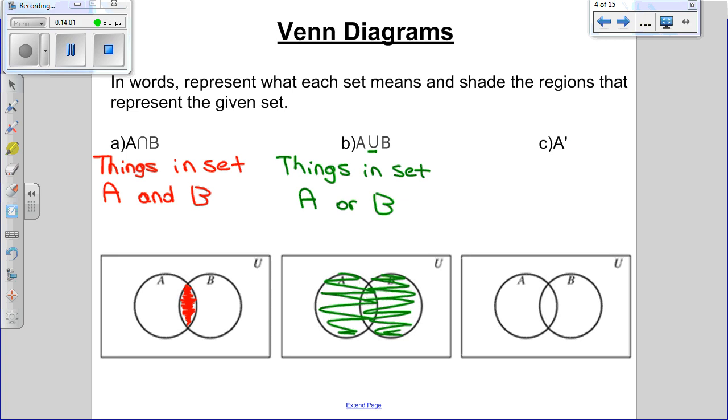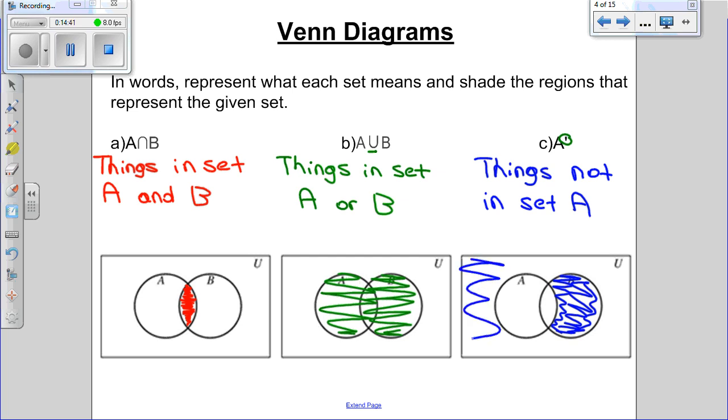So this would be things not in set A. Things not in set A would include all of this, so all those things that are in B but don't overlap with A, and it would also include all of this. That's all the things not in set A.